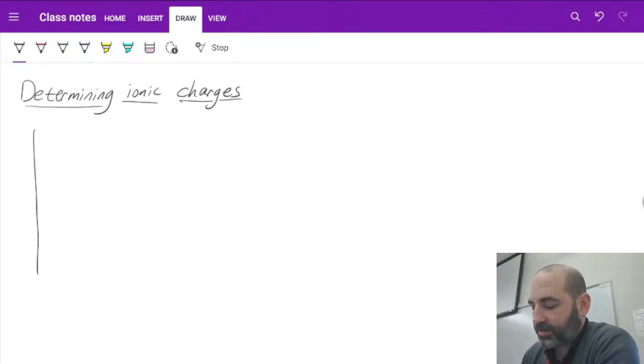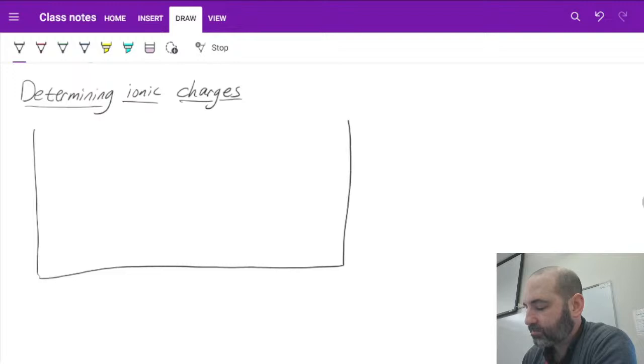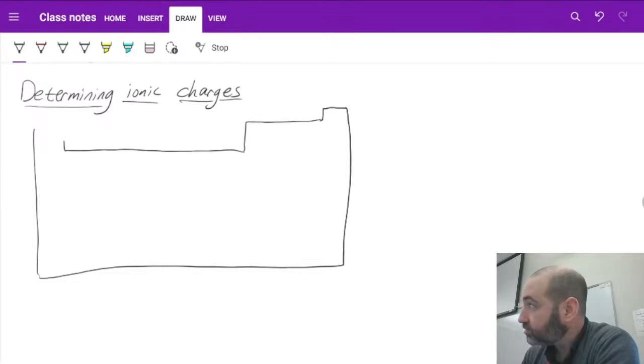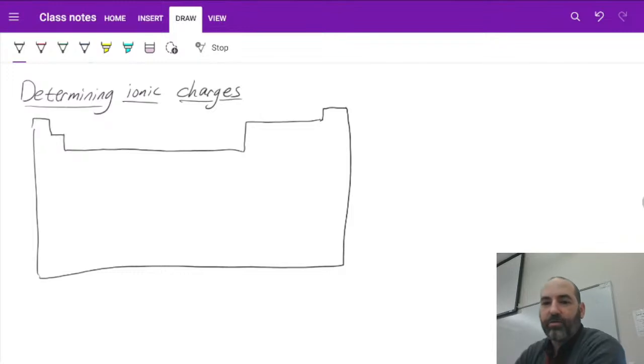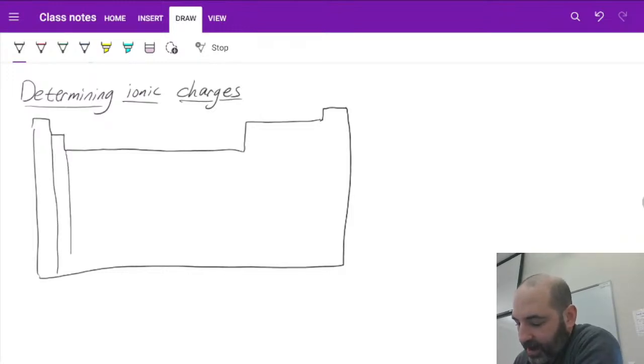So I'm going to draw a periodic table here. Okay, just kind of a basic outline of one. And we can split this up into some columns where there are some predictable charges.